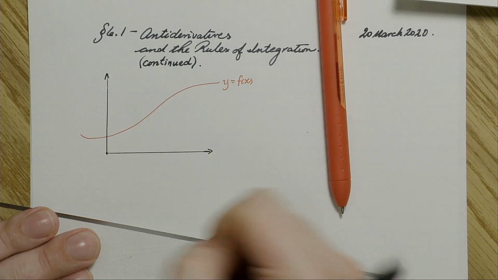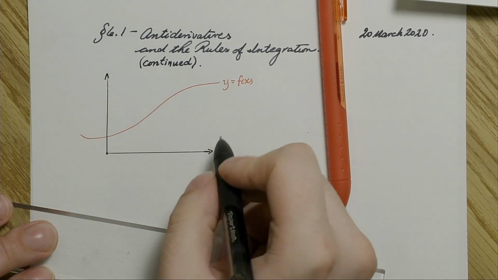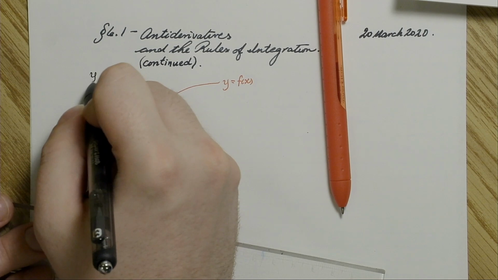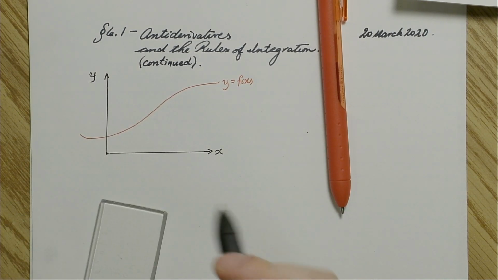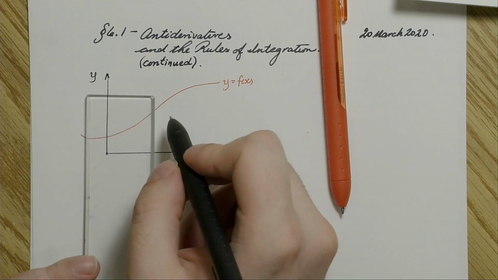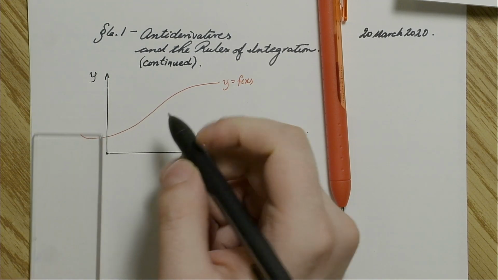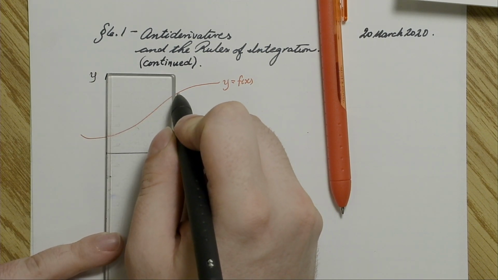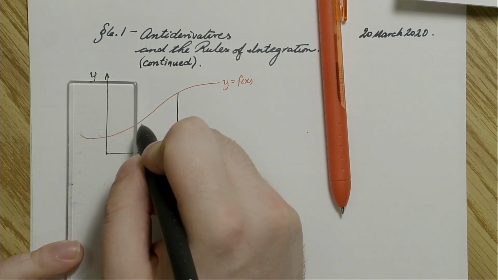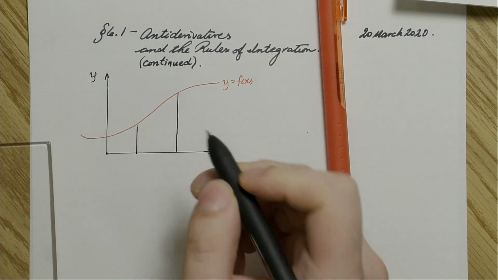And I should always remember to label my axes. Now what we do here is we're interested in finding an area under the curve in a particular region. So let's say here to here.